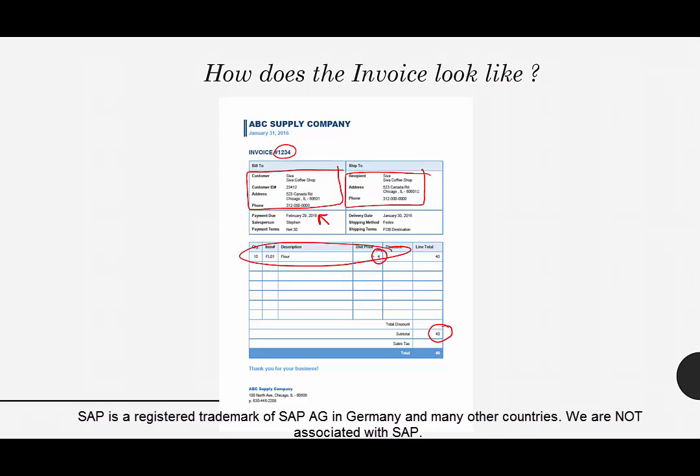At $4, if the quantity is 10, the total is 40, and the total gets listed there. And it'll also tell you where you need to send the check to. This is a very simplified version of an invoice. You could make it as complicated as you want.